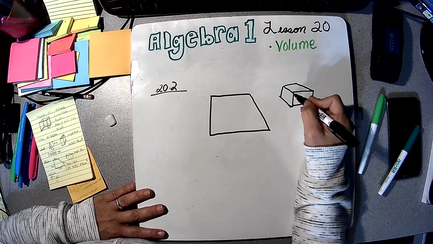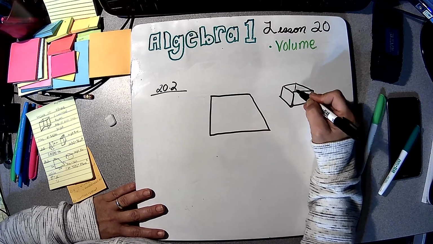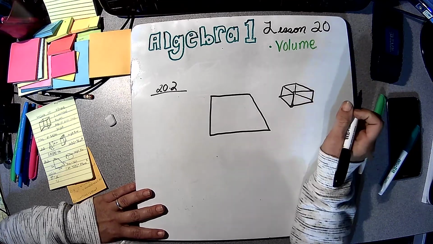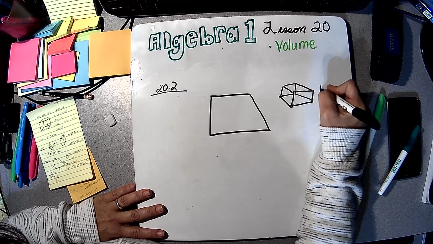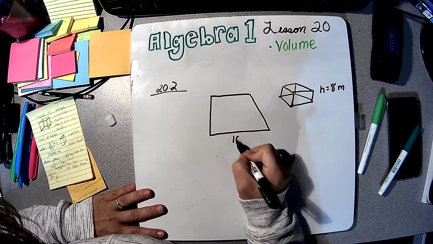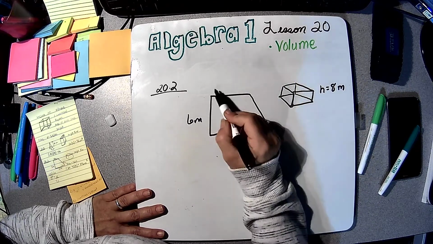So this is just the base of this three-dimensional figure, which would go like there and there. And it is 8 meters high, and this is 10 meters, and this is 6 meters, and this is 4 meters.